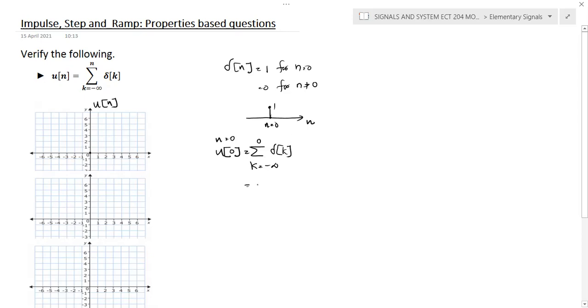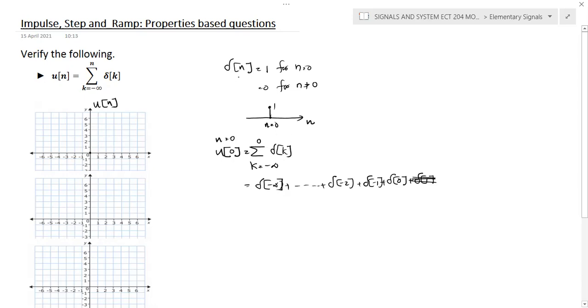In place of k we'll put minus infinity, etc. You'll write del of minus 2, del of minus 1 plus del of 0. In this particular case we don't write del of 1, because k is ranging from minus infinity to 0. So you need to write up to del of 0.